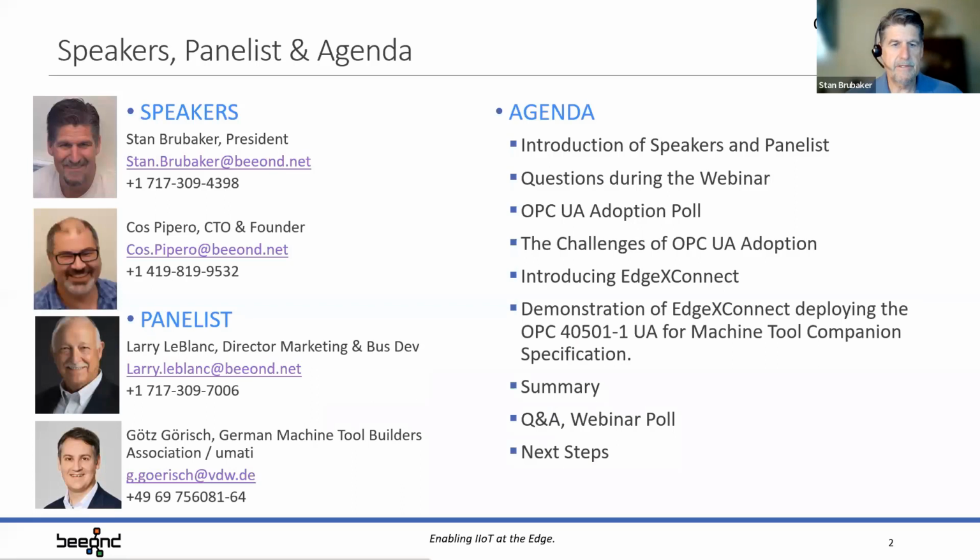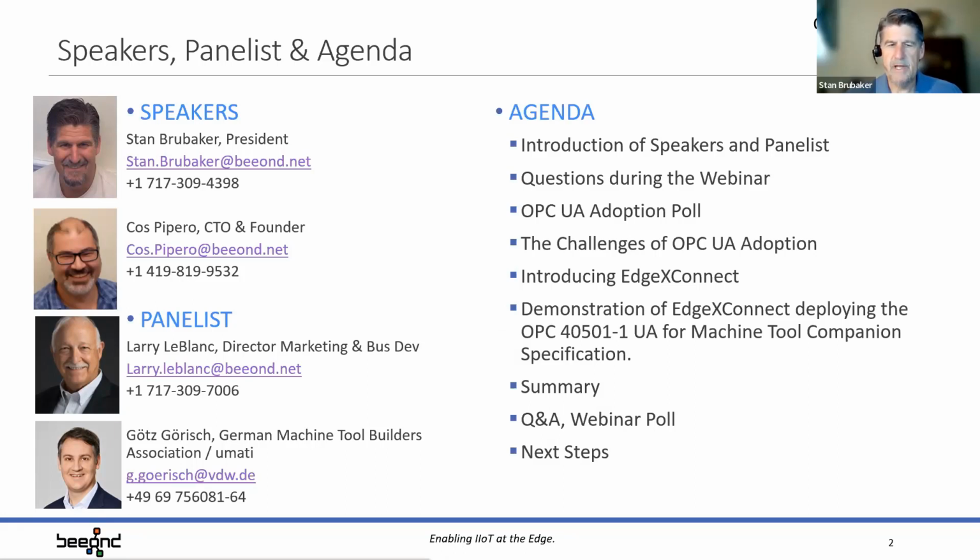So quickly, two introductions and the agenda. Again, I'm Stan Brubaker, President of Beyond. With me, the other speaker is Costantino Pipro, or Cos for short. He's our CTO and co-founder of Beyond. And we have two panelists with us. Larry LeBlanc is the Director of Marketing and Business Development for Beyond.